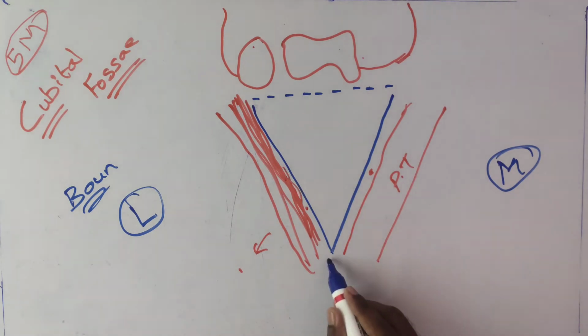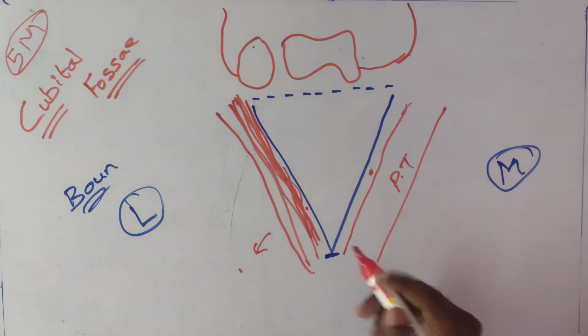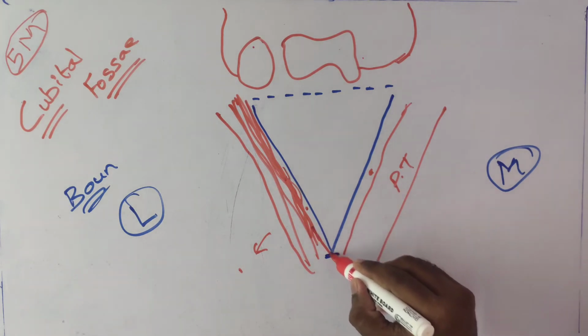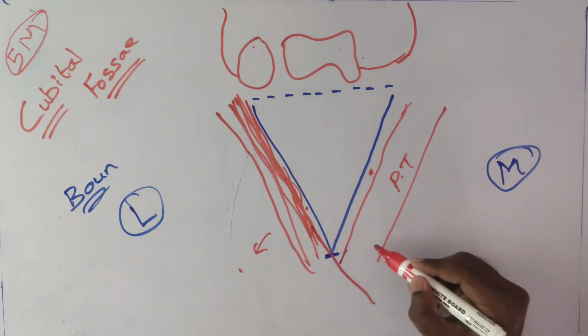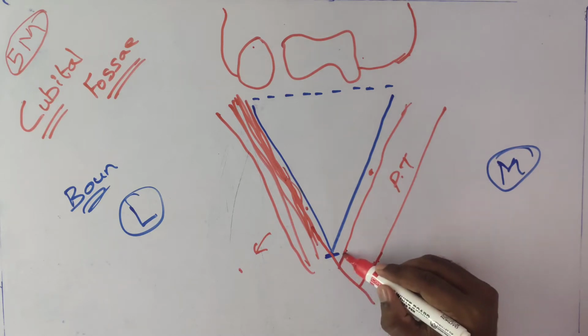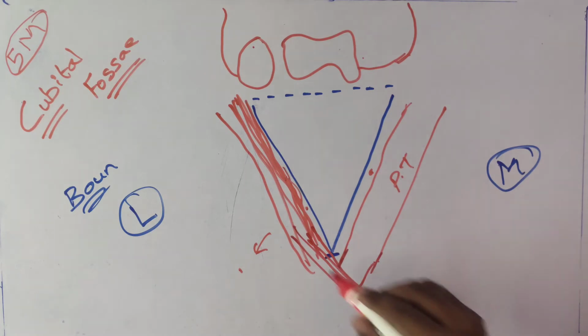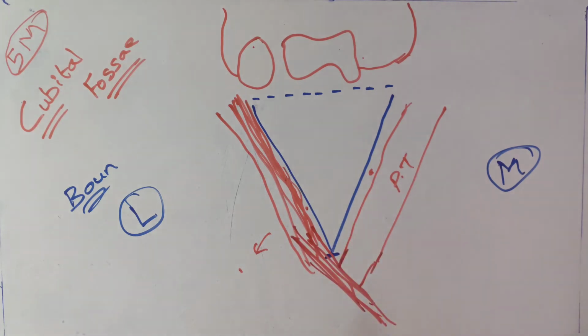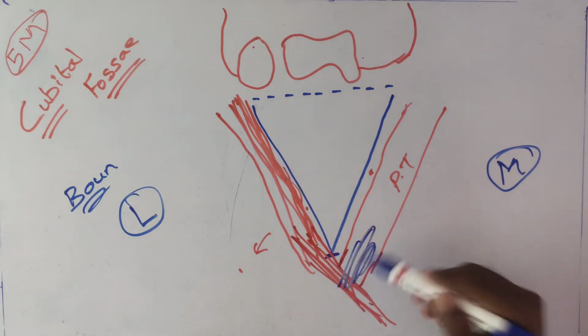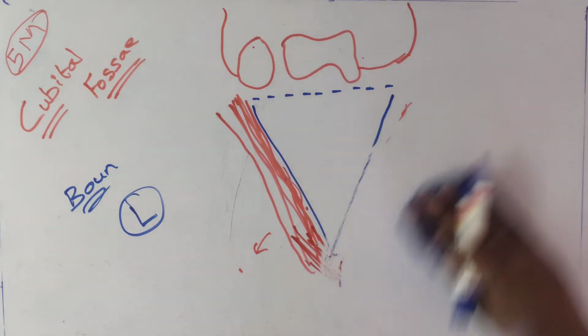And now coming to the apex, here is the apex. The brachioradialis muscle crosses the pronator teres muscle like this. It is the apex. Okay, these are the boundaries that belong to the cubital fossa.